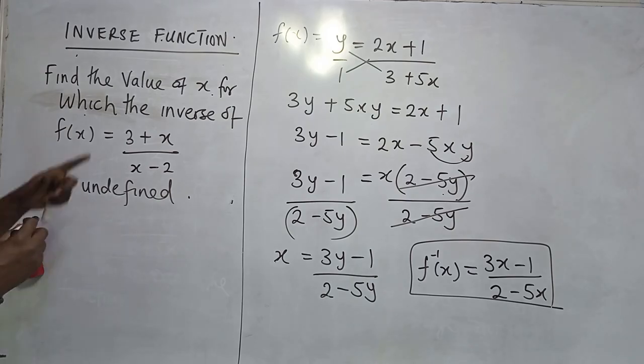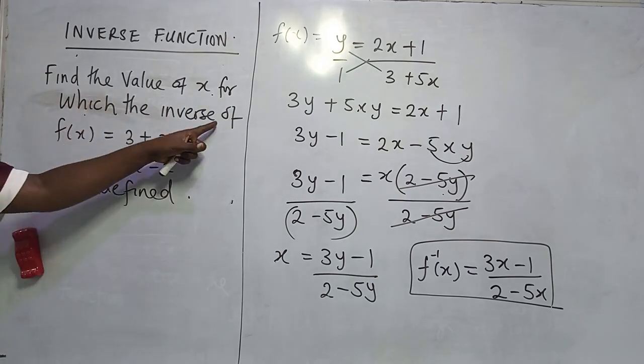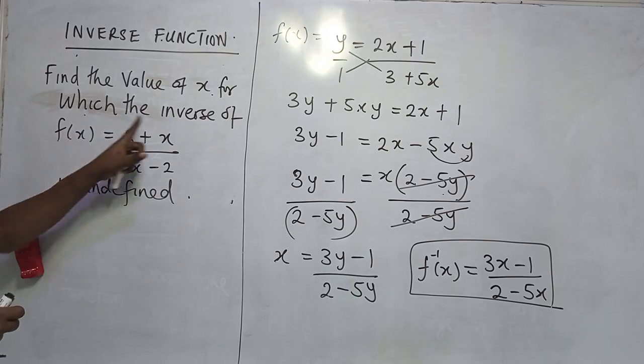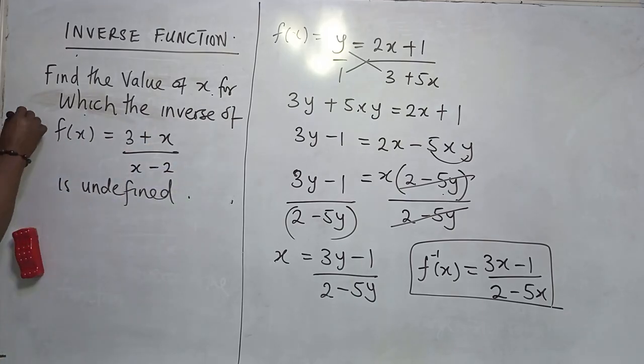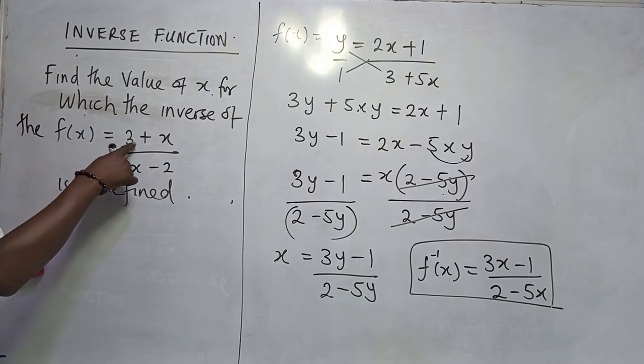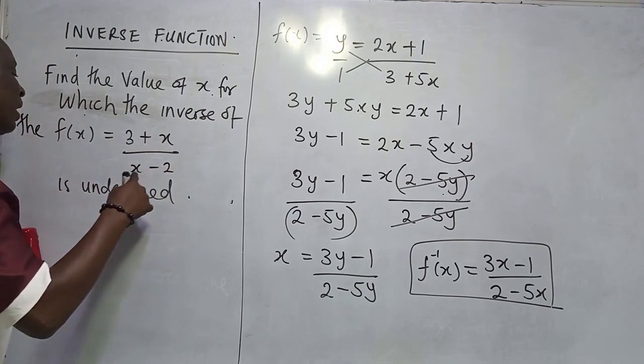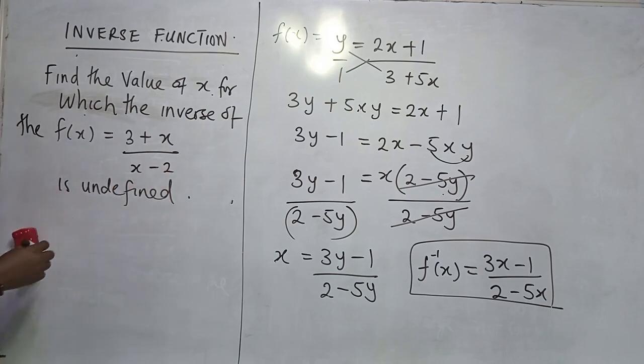Now we want to find the value of x for which the inverse of the function f of x equal to 3 plus x over x minus 2 is undefined.